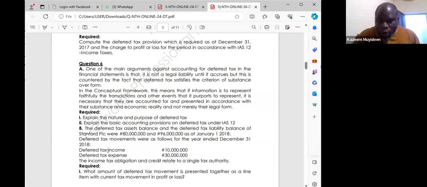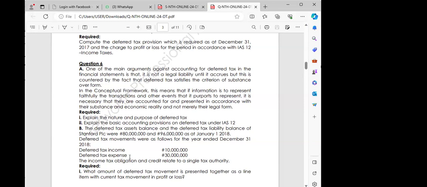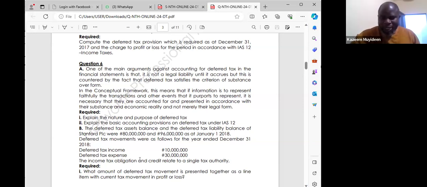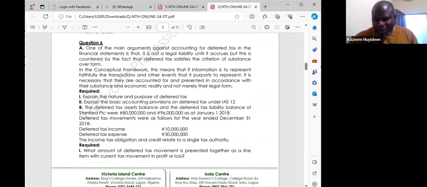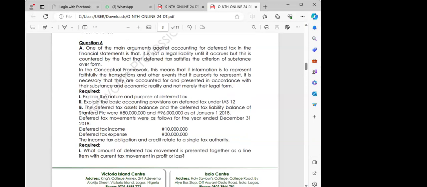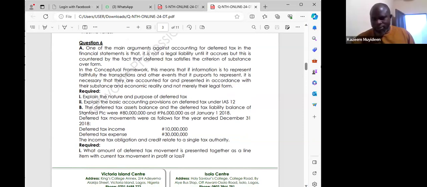The one that goes to the income statement for that year, deferred tax income, deferred tax expense. I will sum it. He's not asking me a simple question. He's not asking at the end what amount of deferred tax movement is represented as a line item in the current tax.